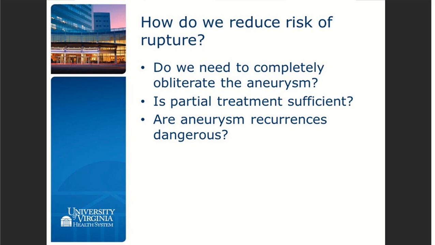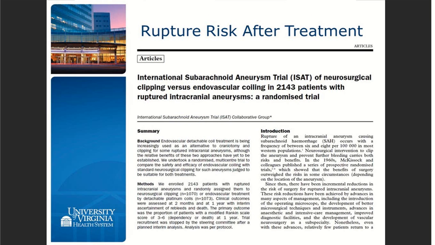occlusion? What we do know as far as looking at the ruptured aneurysm trial, and the ISAT trial, again, a very pivotal study in the world of cerebrovascular care, is that the re-rupture rates are exceedingly low with treatment of ruptured aneurysms. Again, we're making a generalization that this would somewhat follow for unruptured aneurysms.